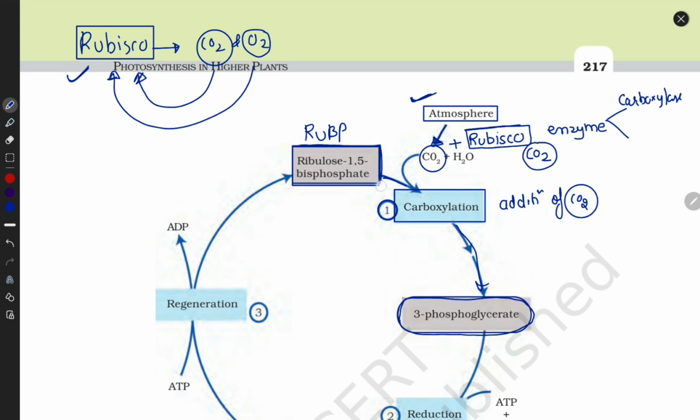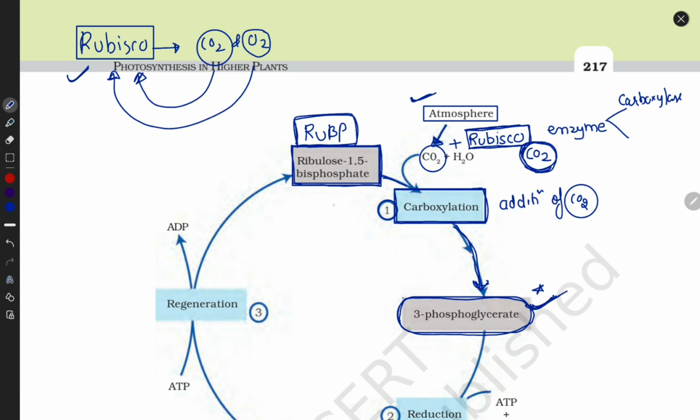When RuBP converts into 3-phosphoglycerate, this mechanism is called the carboxylation step. In the carboxylation step, Rubisco converts RuBP into 3-phosphoglycerate. Remember this. Rubisco takes CO2 from the atmosphere and converts RuBP into 3-phosphoglycerate.